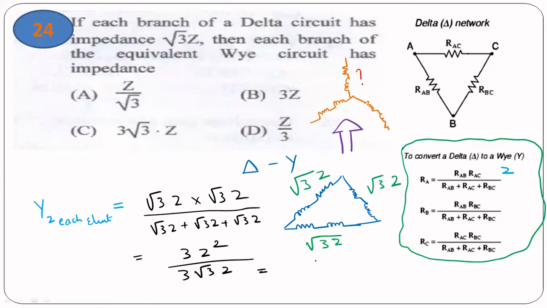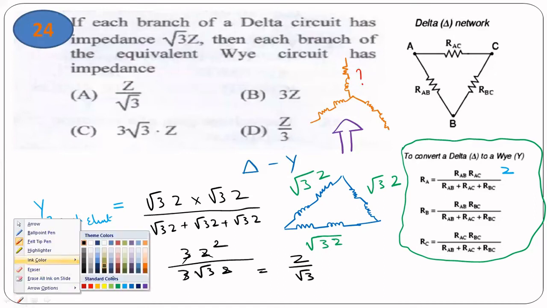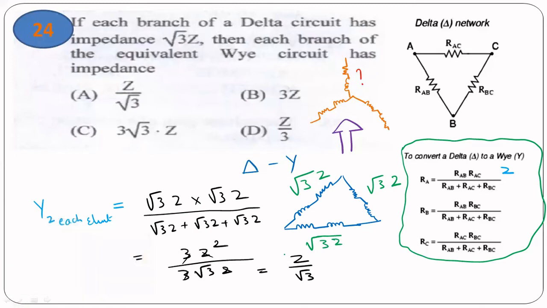Now if we solve this, Z and Z, 3 and 3 get cancelled, so that in the numerator we have Z and in the denominator we have √3. So the correct solution is Z divided by √3, which is option B.